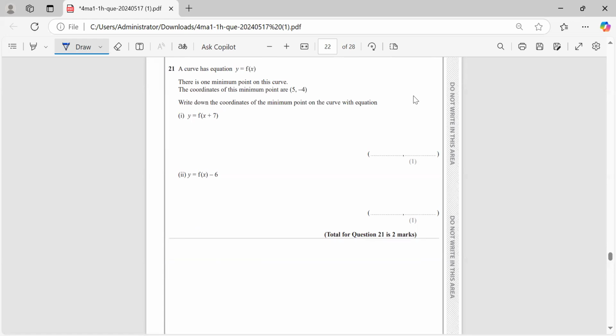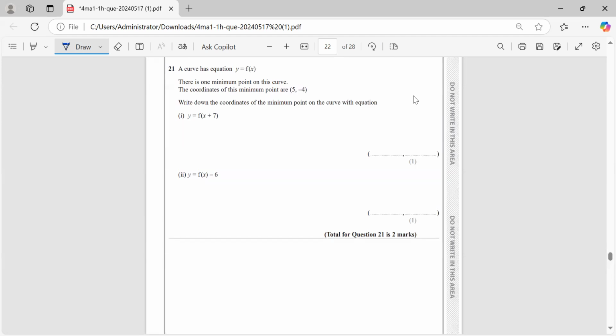So you have to know all the transformations, all the rules that you have to apply when you're transforming a certain equation, right? So for the first one, it's x plus 7. It's inside the bracket. That means it's actually affecting the x values to be more specific, right?